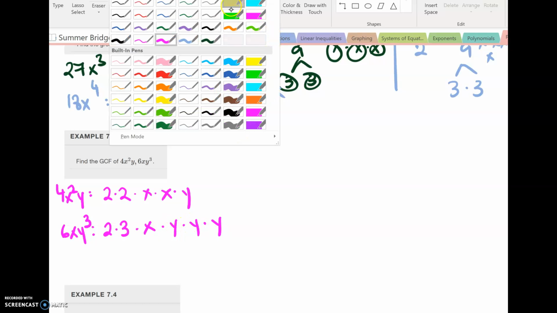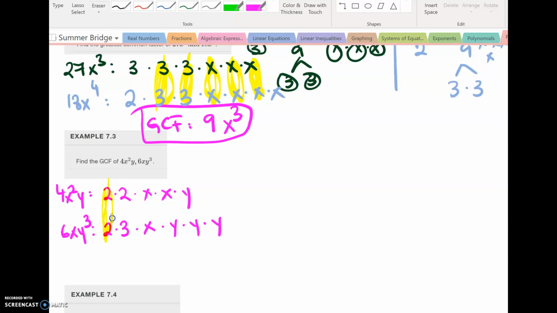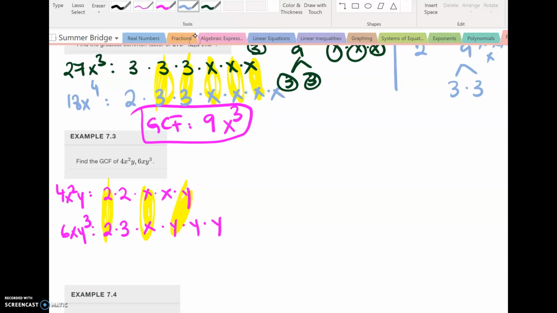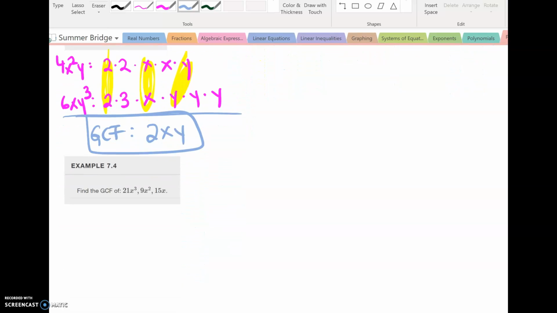Now let's start pairing together. I have 2s in both of them, an x in both of them, and a y in both of them. So our GCF is 2 times x times y, and that's our greatest common factor.